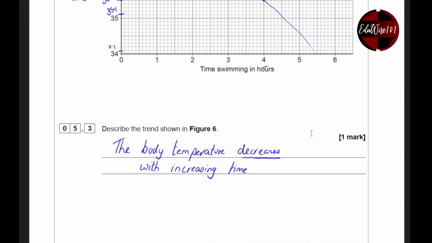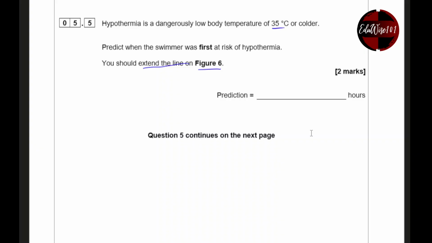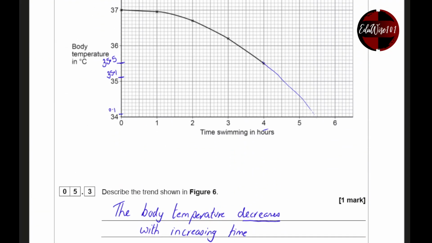So what was the question? Predict when the swimmer was first at risk of hypothermia. From the way I have drawn, that person is going to reach around 35 degrees Celsius.